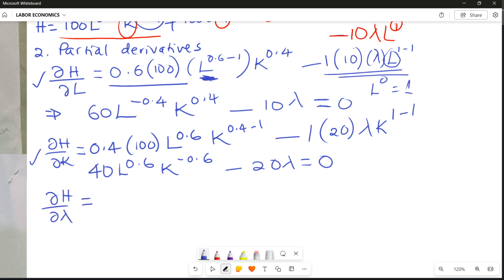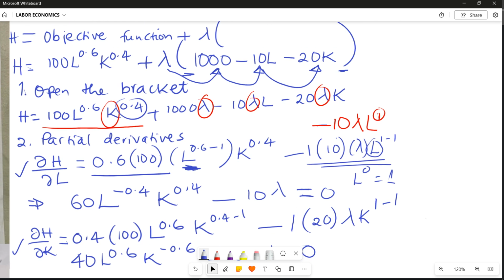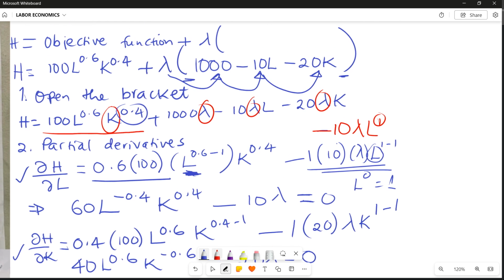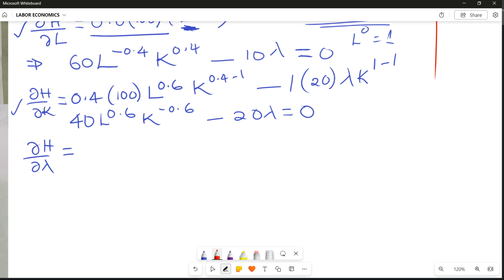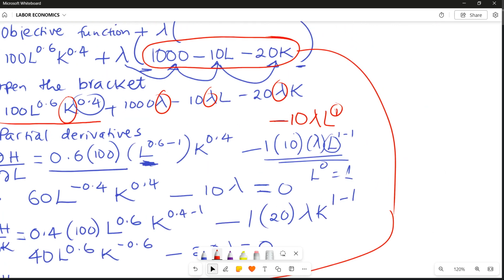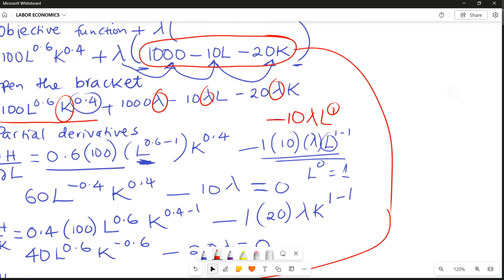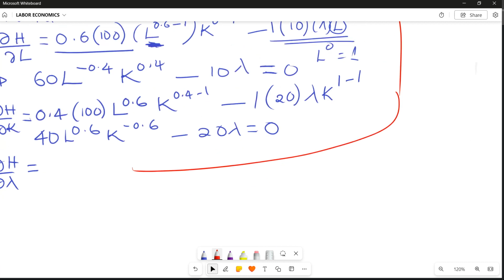Now with this one, don't worry. Why? Because the moment you differentiate, you always get this term in the brackets here. Remember when we were putting up the Cobb-Douglas function, the Lagrangian, we said that it's the objective function plus lambda multiplied by the cost. So when you differentiate with respect to lambda, you always get that term in the brackets, which is 1000 minus 10L minus 20K.